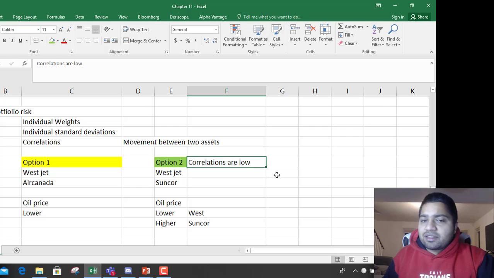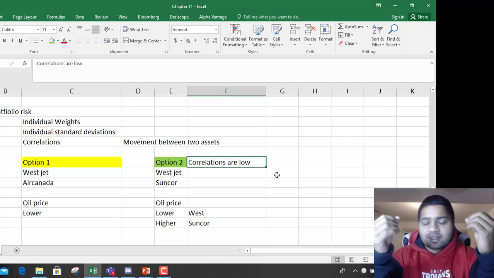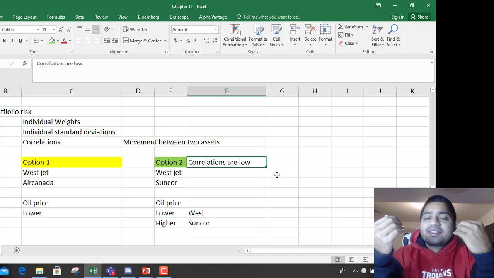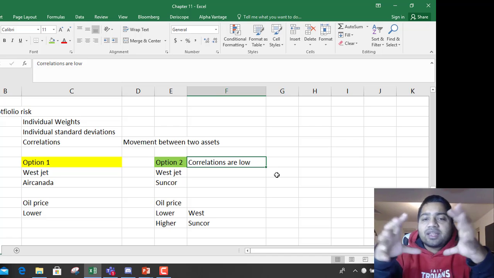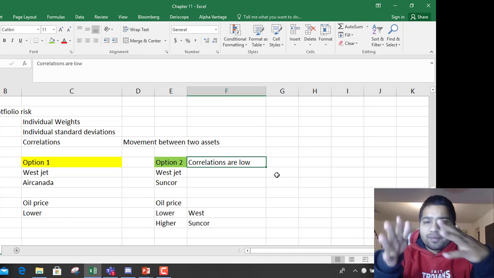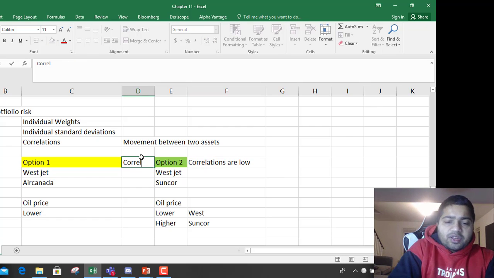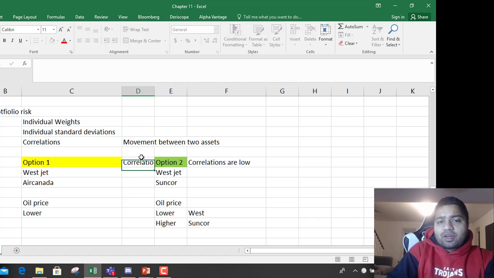What is correlation? Movements between those two assets. If the assets move in the same direction on change of some variable, let's say oil price, if they react in a similar way to oil prices, the correlation is high. If they don't react in the same way to oil prices, correlation is low. So when you create a portfolio, risk also depends on correlations.